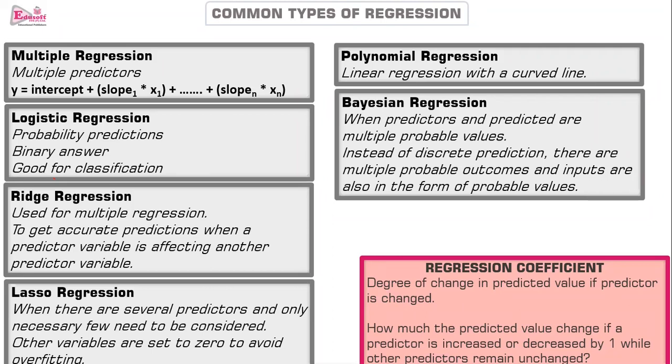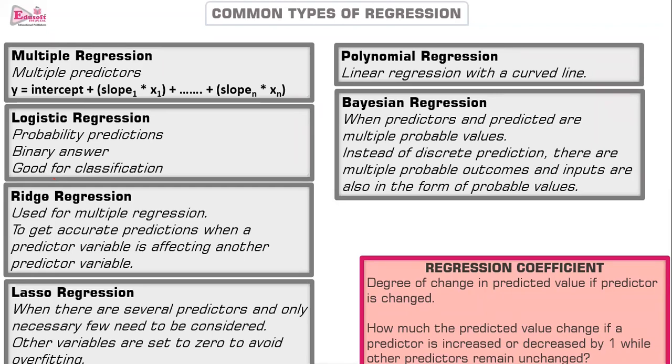Another scenario is, suppose you have multiple predictors for analysis. Now, how can you analyze the coefficient? You can change only one variable. Suppose you have 5 predictor variables and you change just one of them, and you keep the rest of them fixed. Suppose you have the data of age, height, and weight.